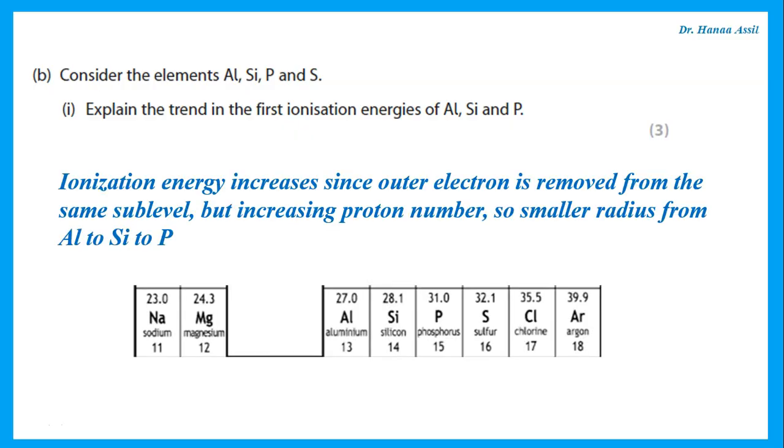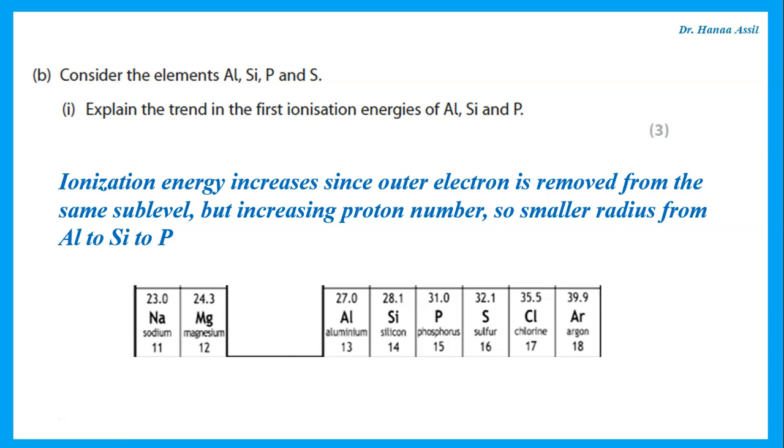So if we look at aluminium, silicon, and phosphorus, we're going from left to right in the same period, and that means the ionization energy would increase because we have the same number of shells that are being attracted, but we have increasing number of positive protons in the nucleus going from aluminium to silicon to phosphorus, and that means the atomic radius decreases, and that means the energy needed to remove that outer electron would increase.